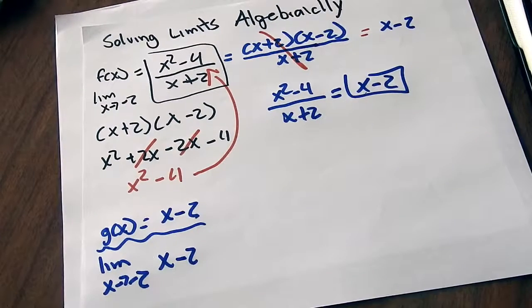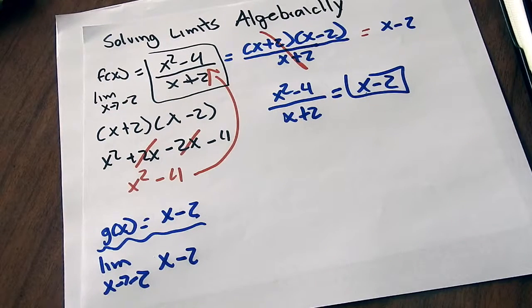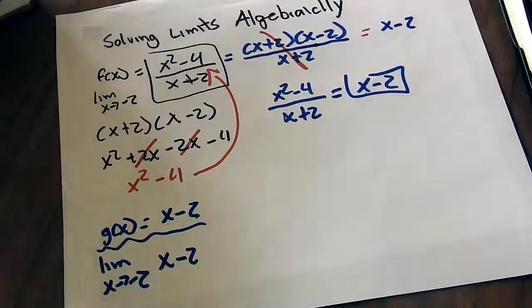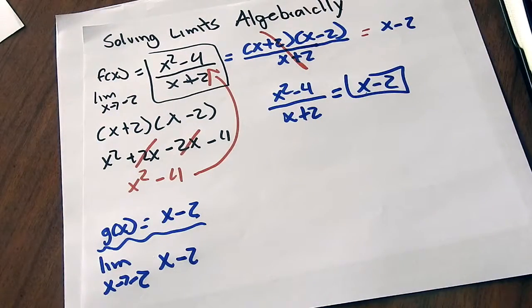So now that we have a new function that is exactly the same as the previous one, we can start evaluating limits without getting invalidations. So I'm going to show you real quick that both these functions are the same.